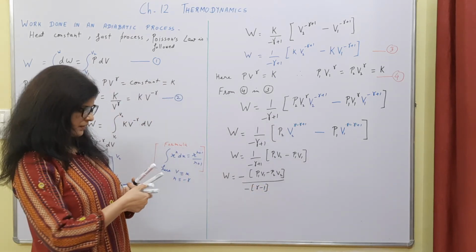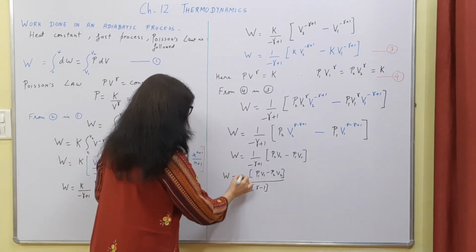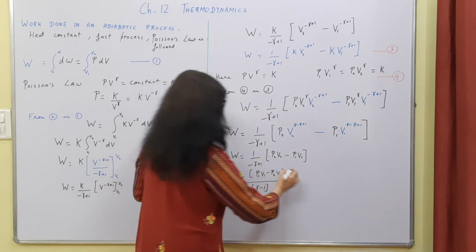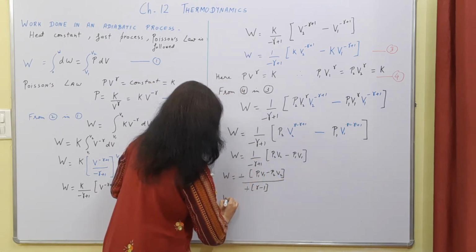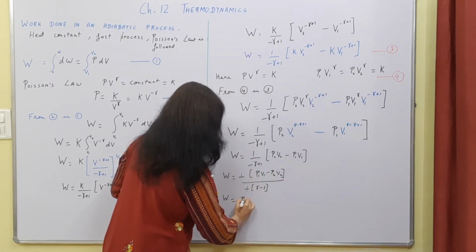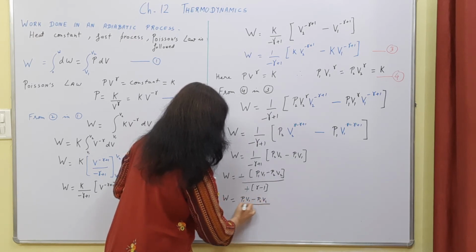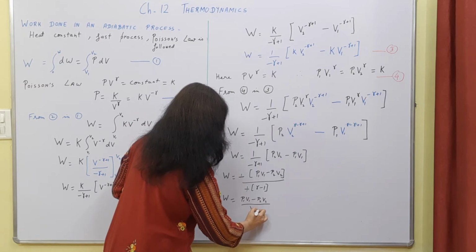So this minus minus can be cancelled. So this can be written as finally W is equal to P1 V1 minus P2 V2 upon gamma minus 1.